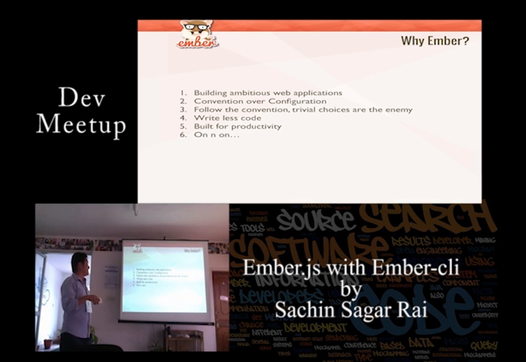It also carries the same philosophy that Rails did: convention over configuration. The third line is by Yehuda: follow the convention, he says trivial choices are the enemy. What does that mean? I'll tell you later. The fourth one is write less code. It's also similar to Rails, built for productivity and so on.